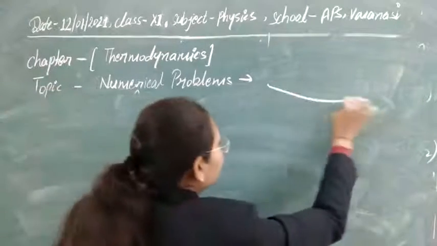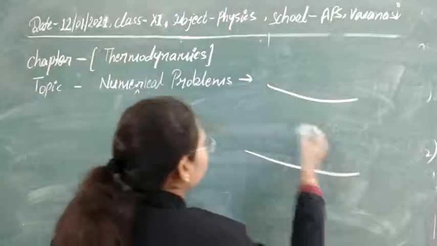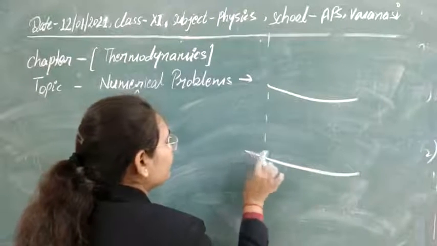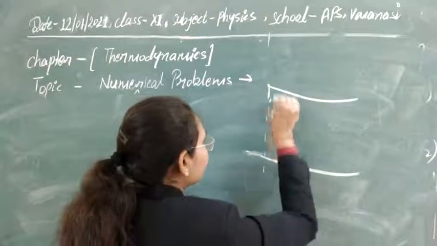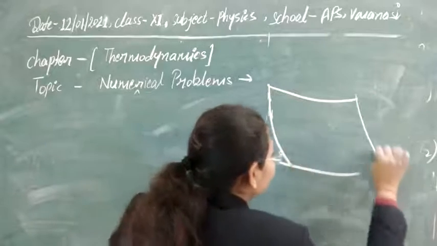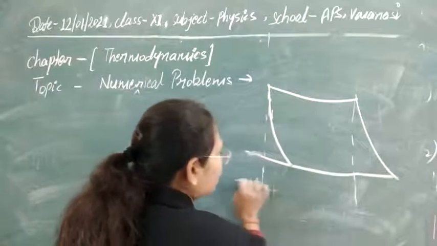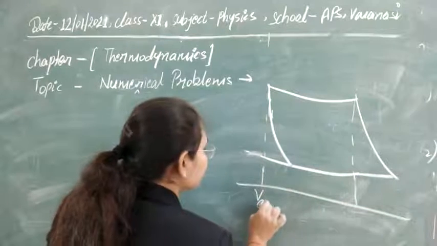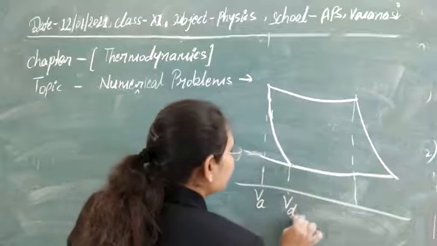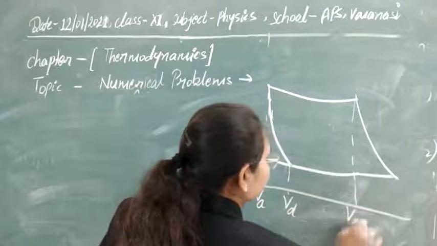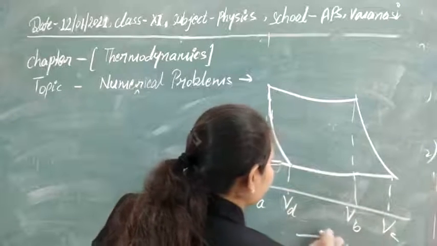The isothermal parts in the curve were these two parts. This is just like the curve that was given. On the curve, this is VA, this is VD, this is VB, and this is VC.